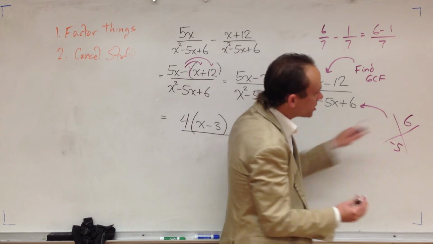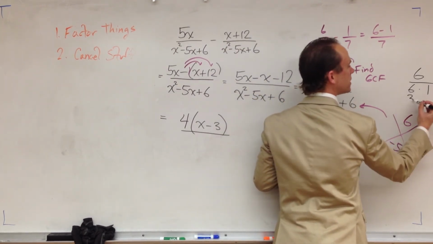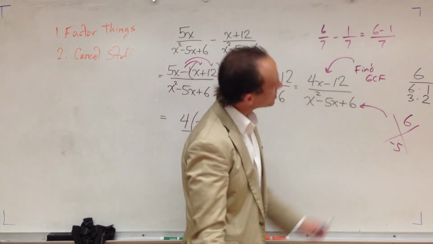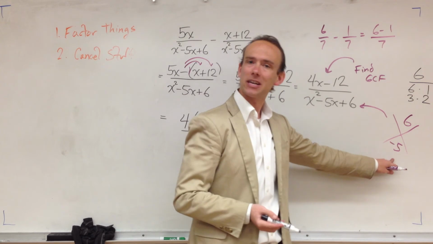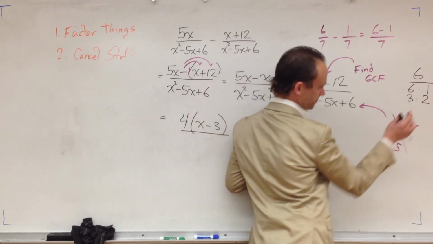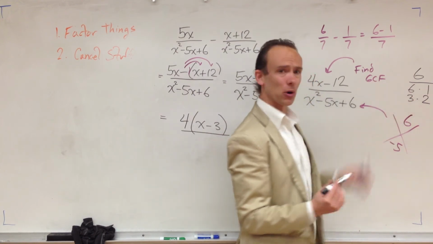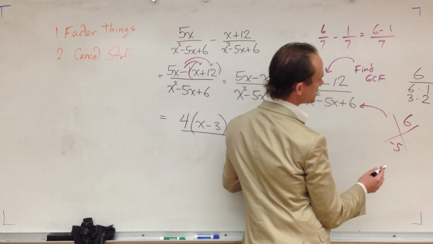I need to see you searching for factors of 6, like 6 times 1 and 3 times 2, and asking yourself, which one of these, if I add or subtract, could possibly get me to the number 5 or negative 5? Well, in this case, they're both probably going to get you there, so you're going to have to really think about which one this is.